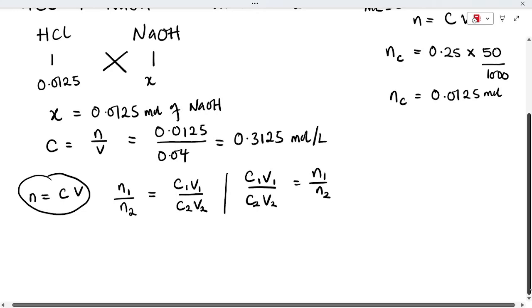Actually, it's a formula. All right. So in this case, let's take HCl as our 1 and take NaOH as our 2. So I'll say C1 means the concentration of HCl, V1 the volume of HCl, and so on and so forth. However, take note that your N, you get them from your chemical equation.